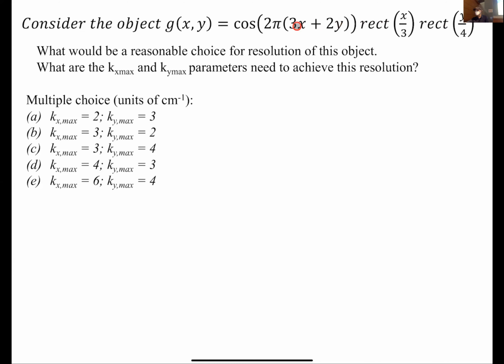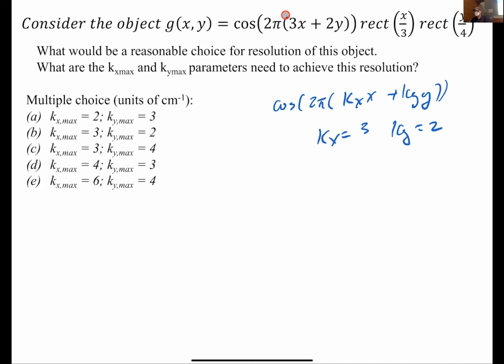The quickest way to do this problem is to look at this and say it has the form cosine 2 pi (kx x plus ky y). So what's kx? Just 3, and ky is equal to 2. Those are the frequencies in my object, so I should probably at least sample that far out.